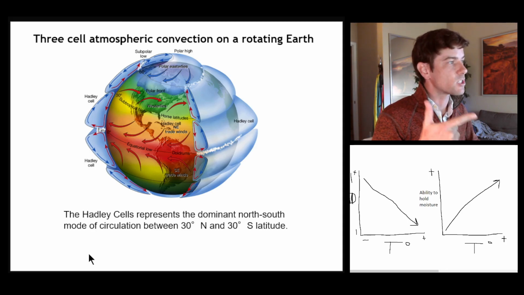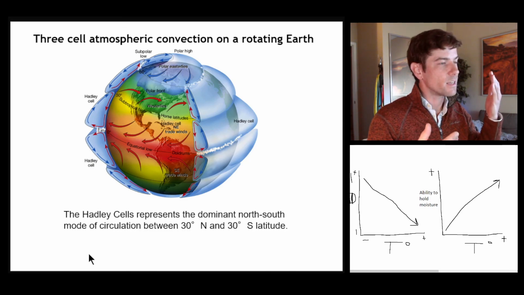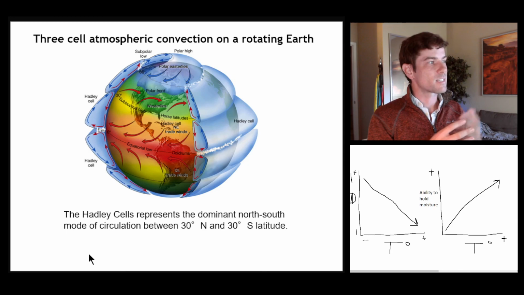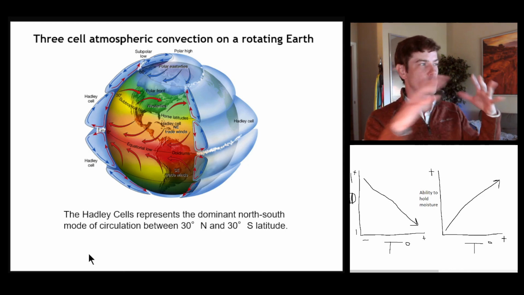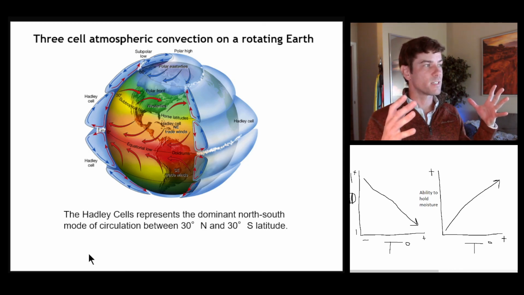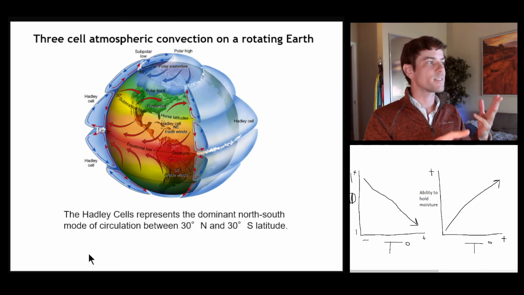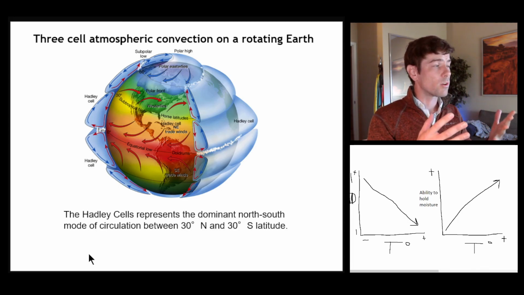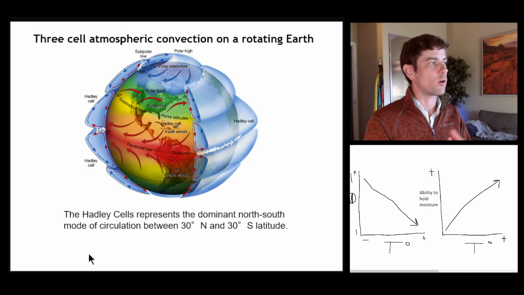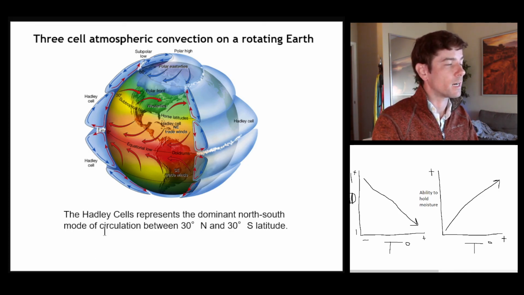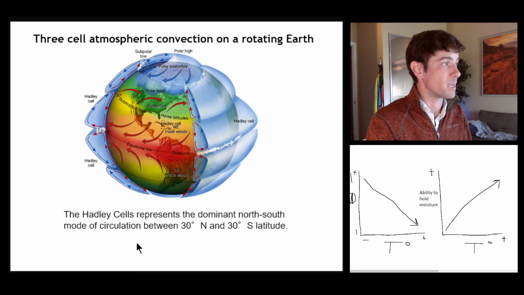Those two things, coupled with the fact that the sun's radiation doesn't get distributed evenly over Earth's surface, explain essentially the largest scale phenomena that we observe in the Earth's atmosphere. And this obviously plays a major role in climate, right?